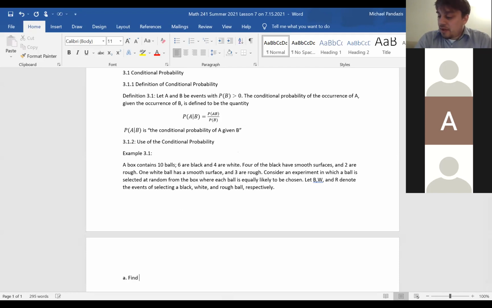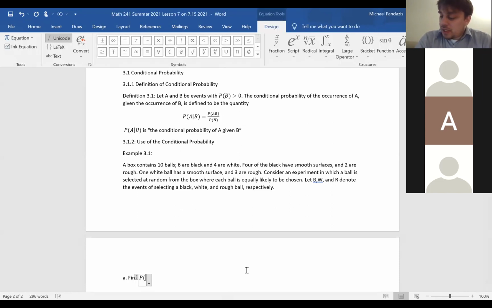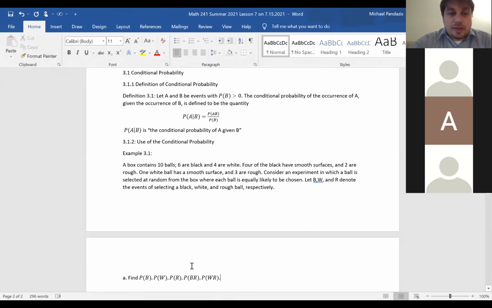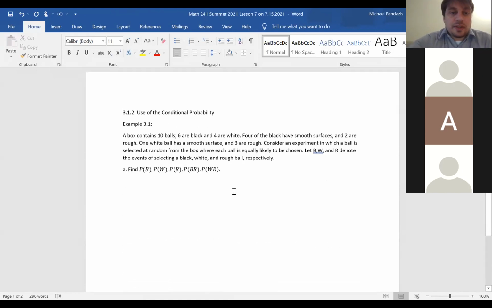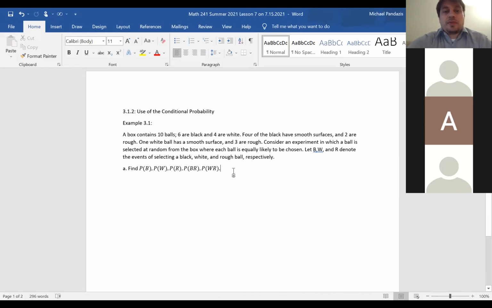Part A: find the probability of B, the probability of W, the probability of R, the probability of B and R, and the probability of W and R. Okay, so that's part A. I'm going to move this here so we start on a new page.